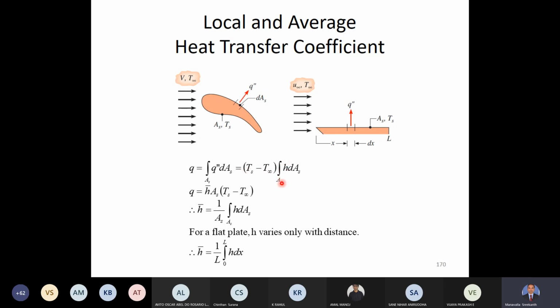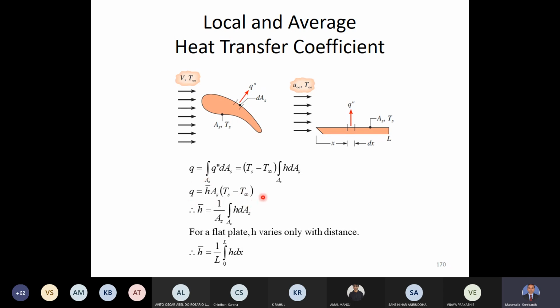So we have the integral of h dA_s, performed over the entire surface area. So this heat transfer q is now simplified as h bar, the average heat transfer coefficient, multiplied by the area of the surface multiplied by T_s minus T infinity.